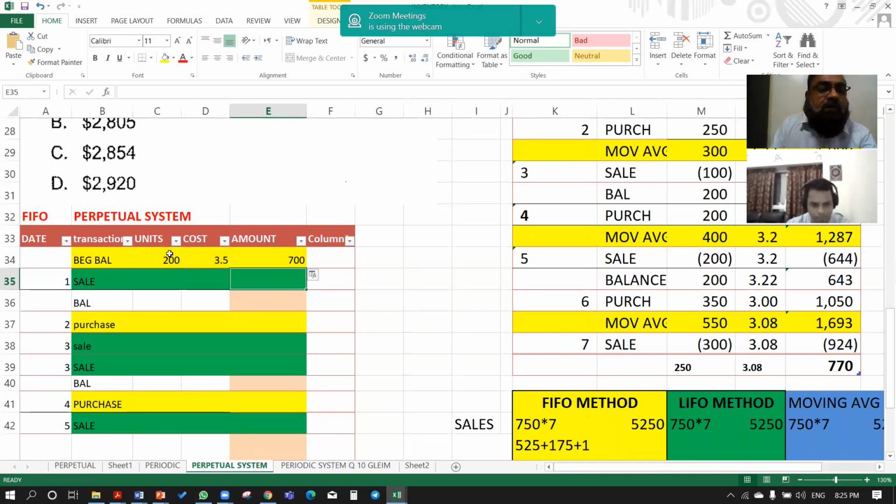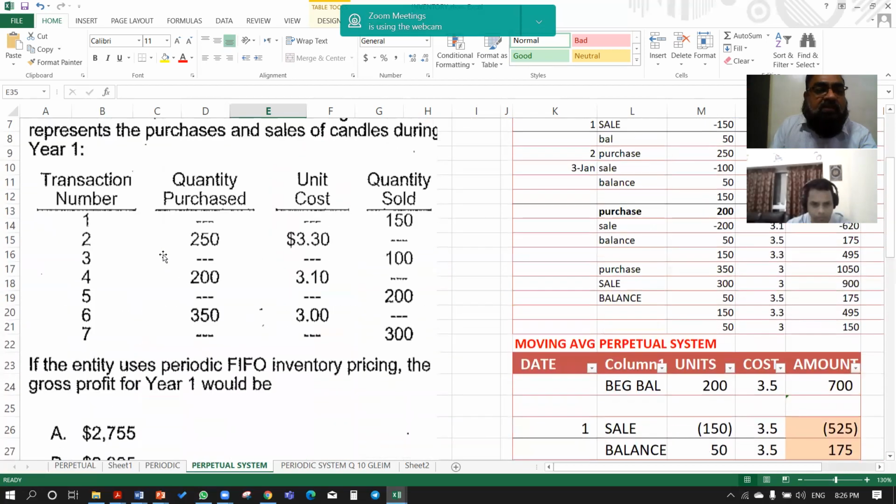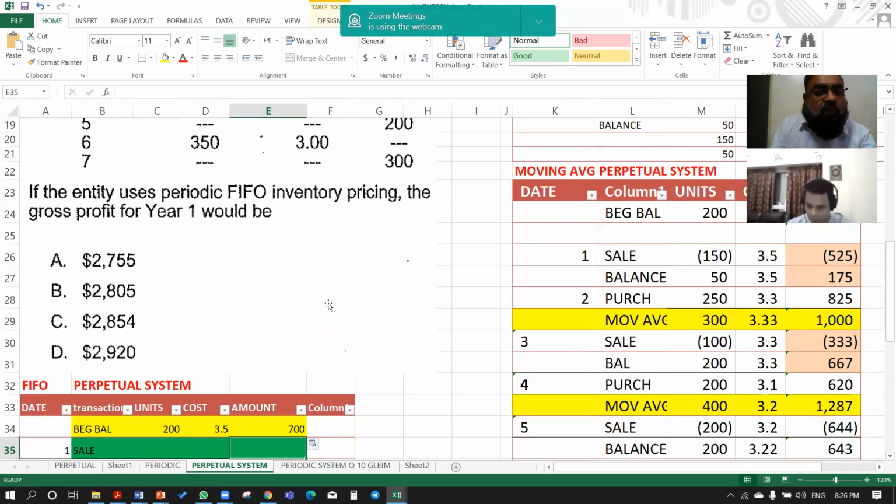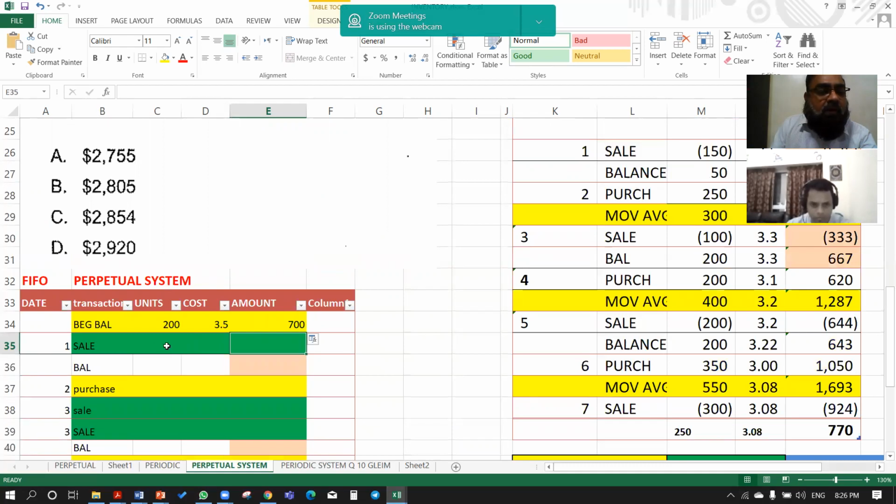Now this is the beginning balance, and the next transaction, after that, mentions that 150 were sold. No purchasing, but an item is sold. How many units sold? 150. So I will record this as a sale, right? You can record the date if dates are there, or numbers. So we have sold 150, so I can record minus 150. And of course, only one lot we have, so we will be recording the item sold at cost, right?